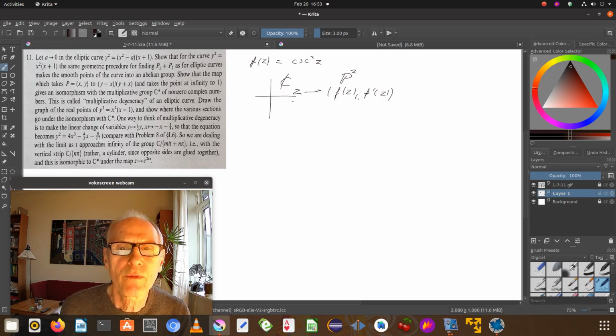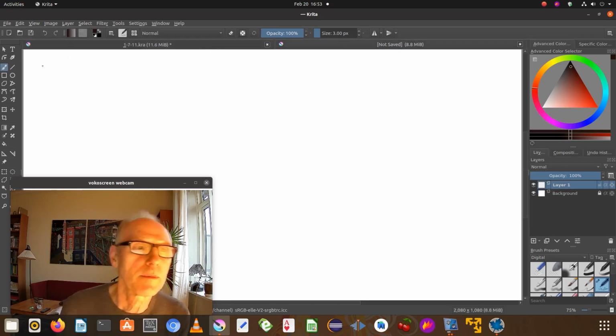Then we need to find the differential equation for this function. We already have done that before, haven't we? But I'll just do it again. Let's do it on the other page here.